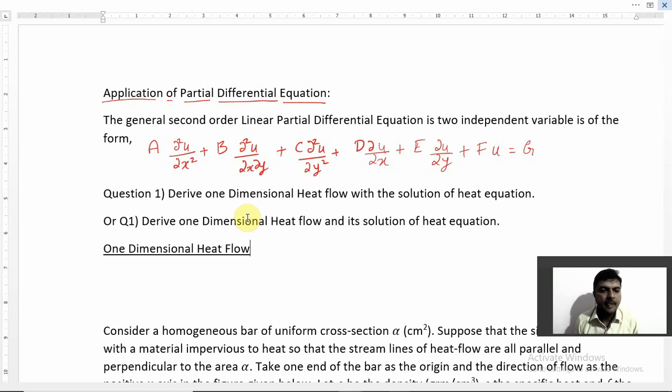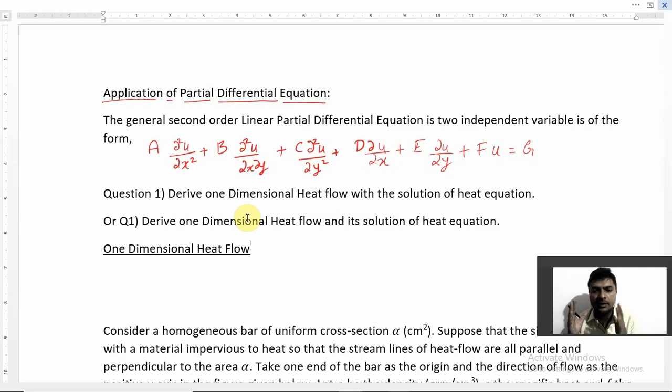So please remember. Yes, many students ask what type of questions will come in the examination. Friends, this is a small question I have prepared: derive one-dimensional heat flow with solution of heat equation. This is a very simple question they ask in many exams, whether internal exams, SEE exams, CIE exams, VTU exams, and for various colleges.